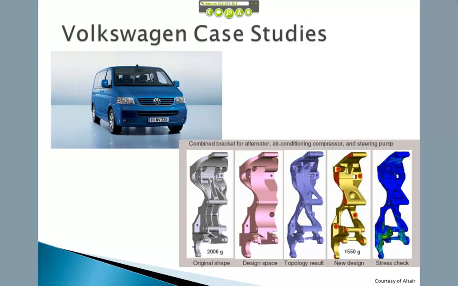Once they finished that shape, to close the loop, they had to do a normal, traditional finite element model. So they took this shape, loaded it, constrained it, put all of the boundary conditions on it, and did a finite element analysis to see whether it was a good design. Once it was a good design, they came back and asked what was the actual weight of this part. Notice that they saved 450 grams on that.